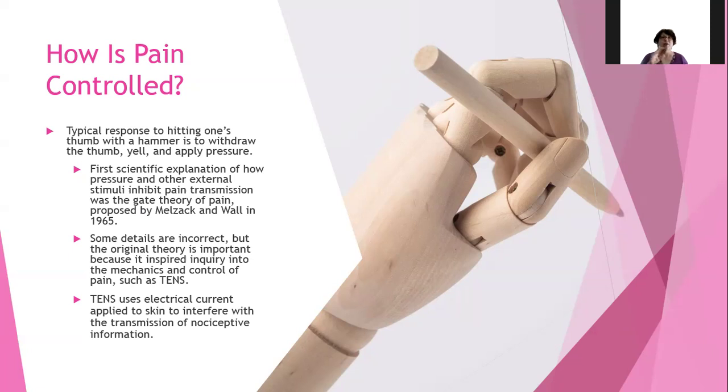Some of the details that Melzack and Wall first came up with have turned out to not really pan out. But the original theory inspired inquiry into the mechanics and control of pain, such as TENS. So TENS uses the electrical current applied to the skin to interfere with the transmission of nociceptive information at the dorsal horn of the spinal cord with inhibitory interneurons.